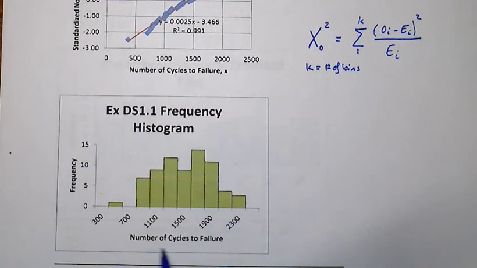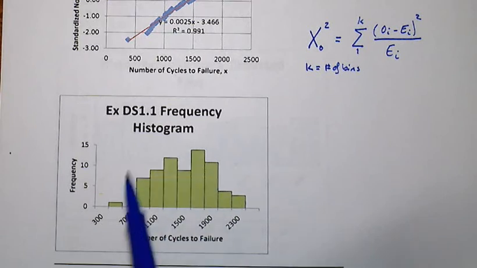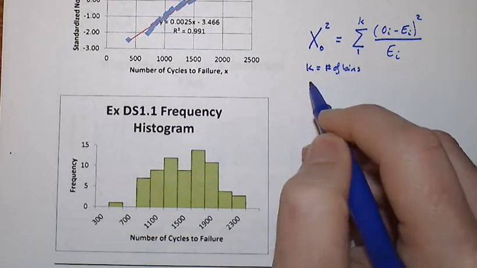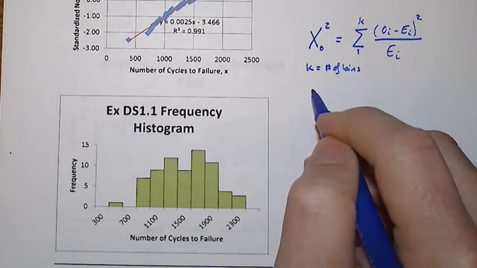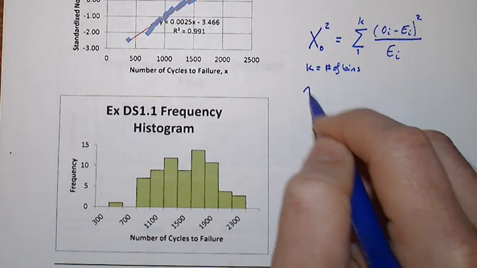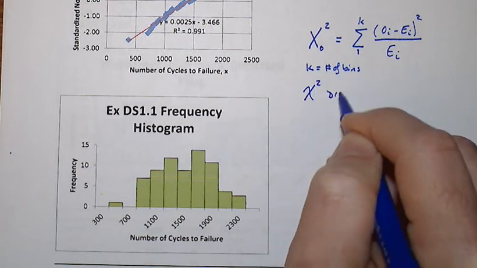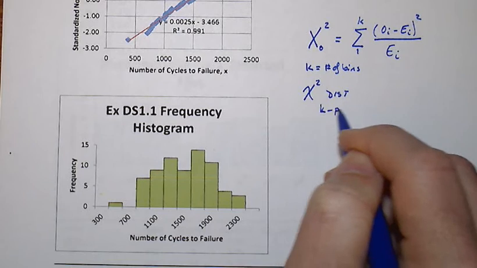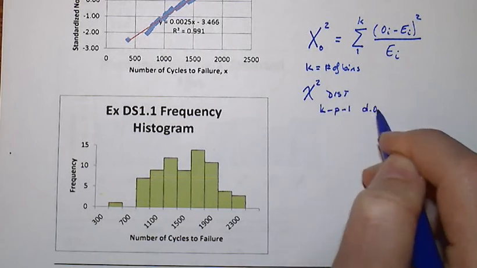Frequency means just like we talked about with the frequency histogram. Here's one that we used back yonder, so to speak, with an interval of 200 in the bins, and that was just a pure frequency histogram. So k is our number of bins, and this statistic follows a chi-squared distribution with k minus p minus 1 degrees of freedom.